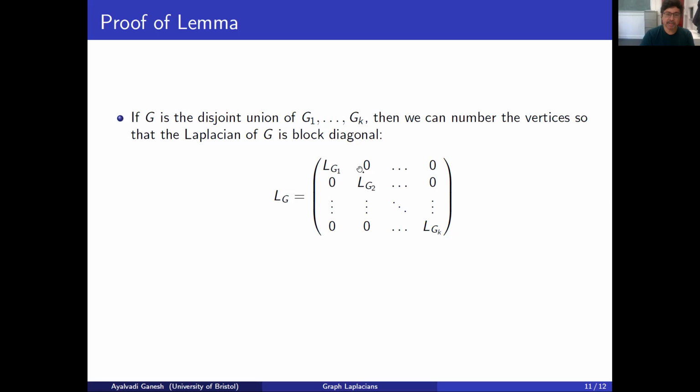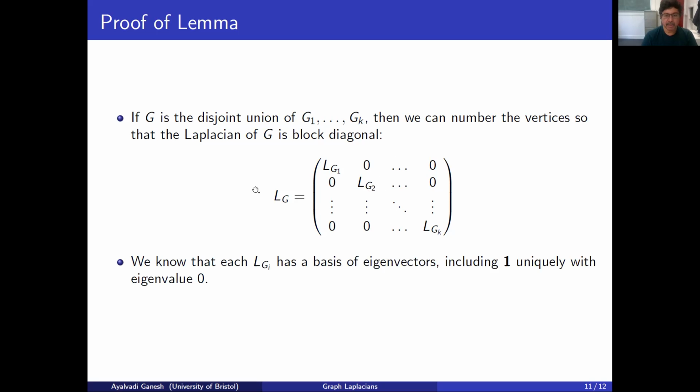There are no edges here, so the elements of the adjacency matrix here are 0, and similarly everywhere off the diagonal block, they are 0. Within these diagonal blocks, they are given by the corresponding subgraphs G1, G2 through Gk. Okay, so the Laplacian matrix has this block diagonal structure.